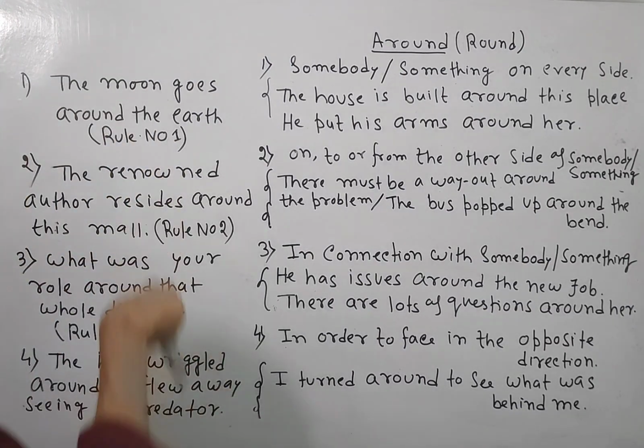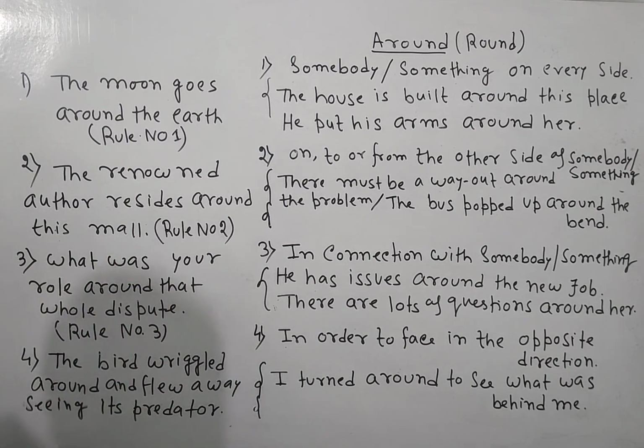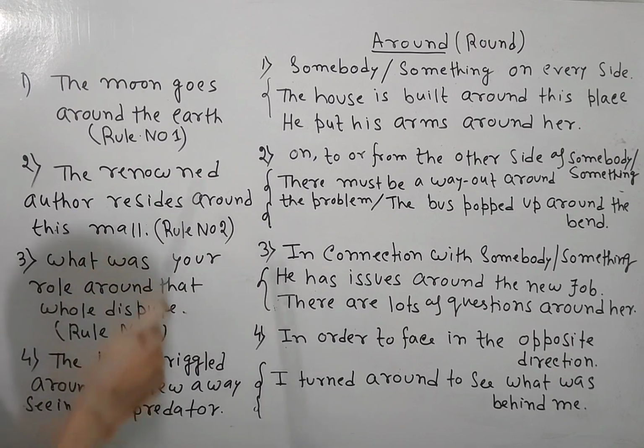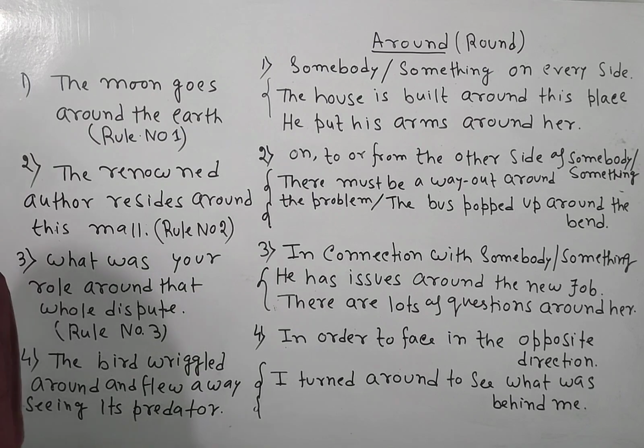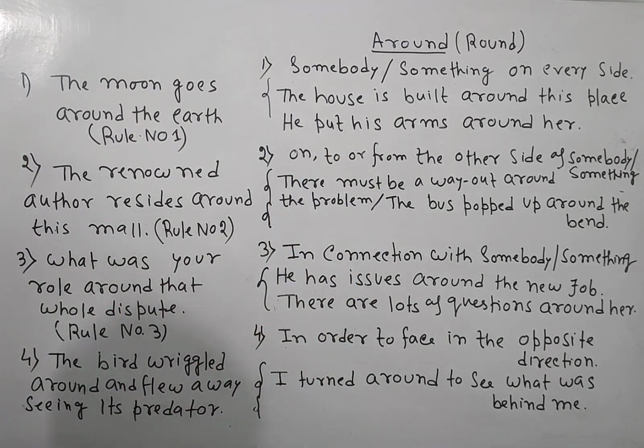Now look at more examples. The moon goes around the earth. That means the moon moves on all sides of the earth. That means rule number 1 is applicable here. Again, the next example: the renowned author, that means the famous author, the eminent author, the noted author, the well-known author, resides, means lives, around this mall.